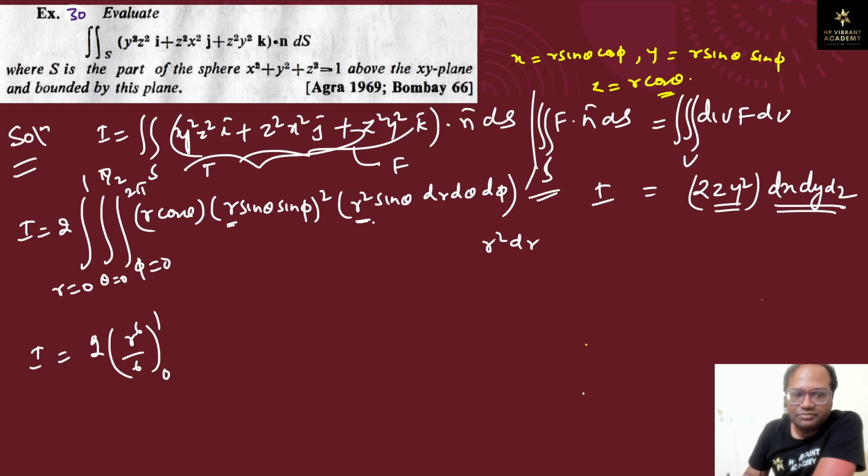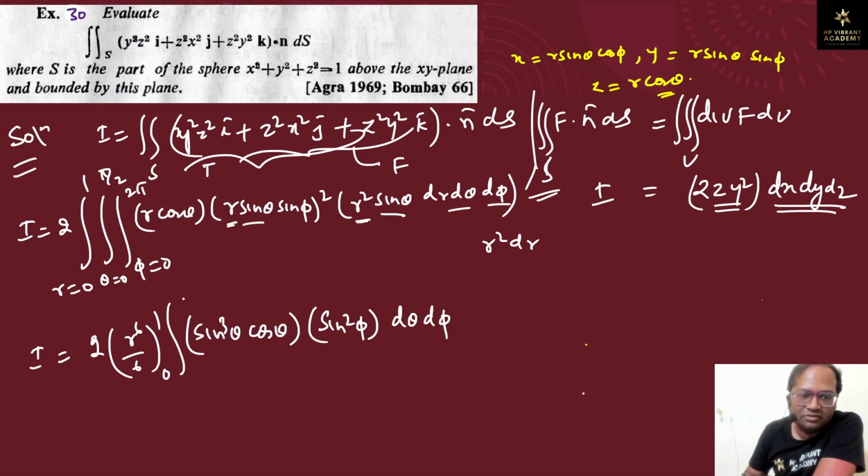Now we have theta: this is sin square theta and this is sin theta, so this is sin cube theta cos theta, and we have sin square phi, with d theta and d phi. The limits are theta from 0 to pi by 2 and phi from 0 to 2 pi.